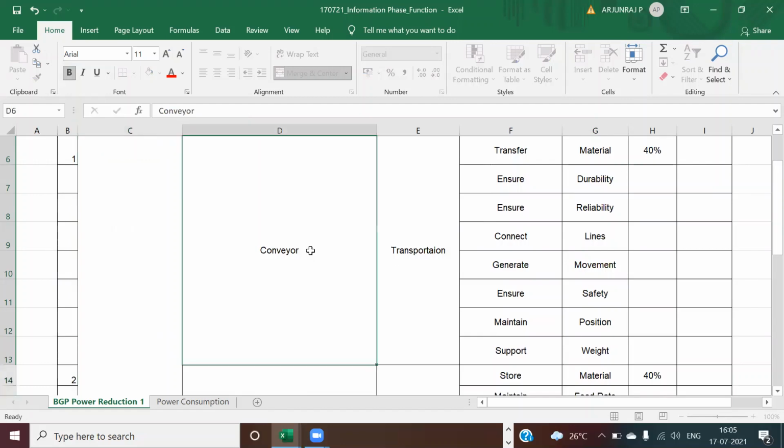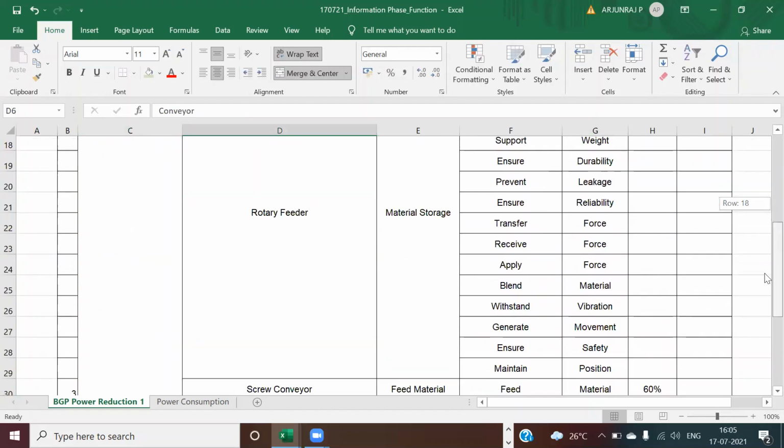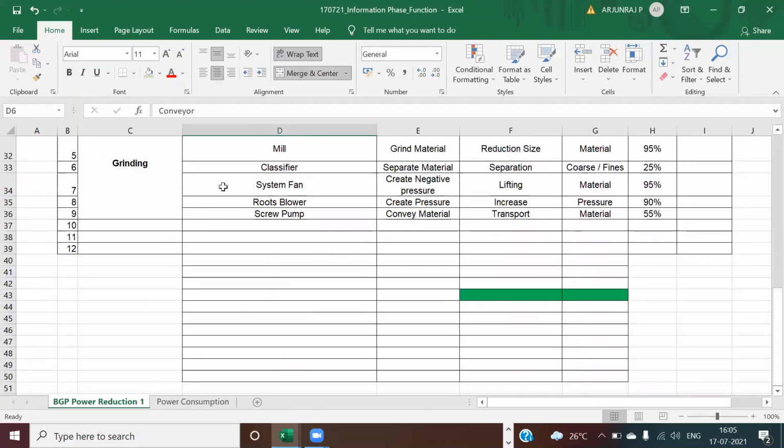But this is only for this FAST diagram. When you consider all the things, the overall FAST diagram will vary. If you are considering grinding, and afterwards you have some other process, then if you add all the processes, stage 1, stage 2, up to stage 10, your FAST diagram will have everything you have considered.